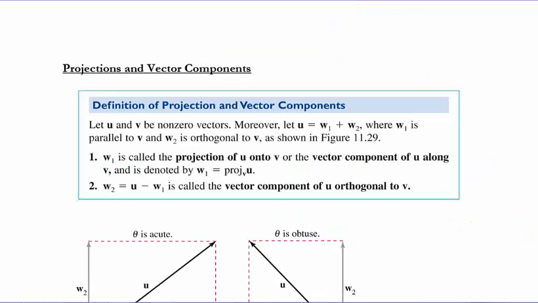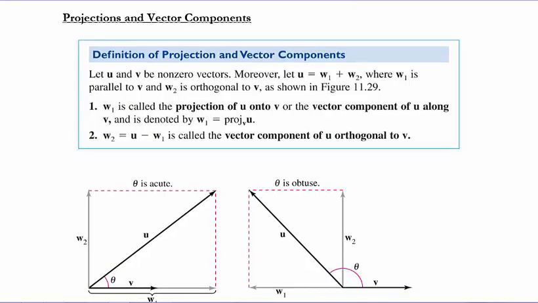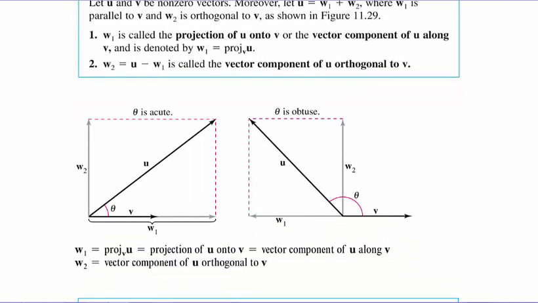All right, now we're going to talk about something a little awkward, and that's projections and vector components. So, long story short, if I have a vector u right here, and another vector that's been given to me, this vector v, there are some cases where I want to figure out two vectors that are perpendicular to one another, w1 and w2, that add up to u, where one of them is in the direction of v.